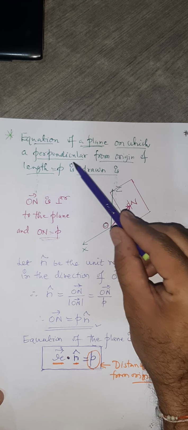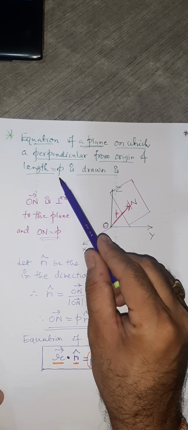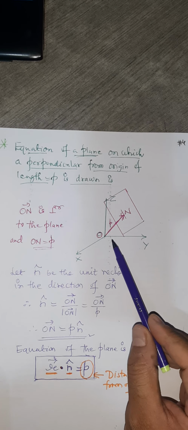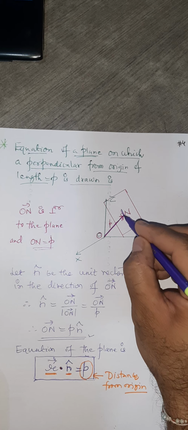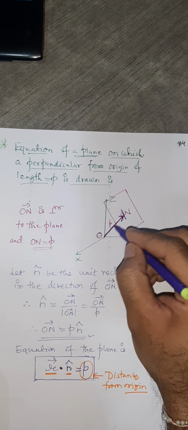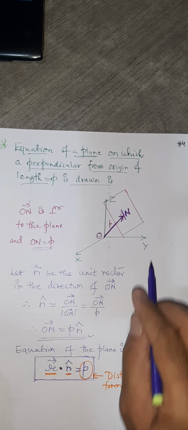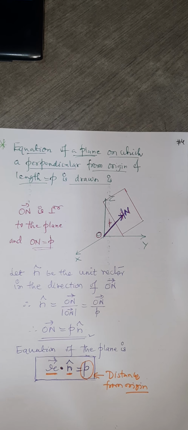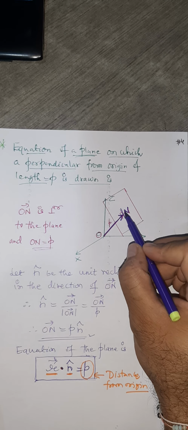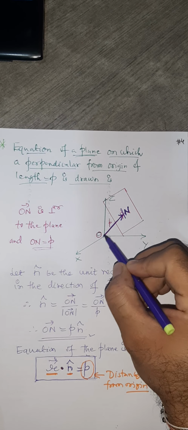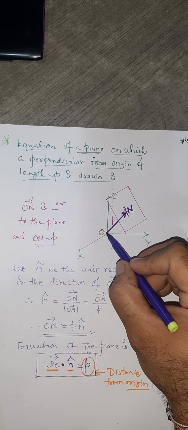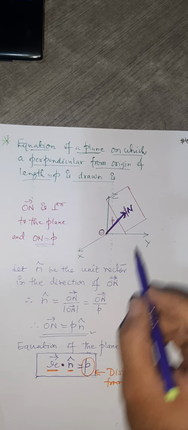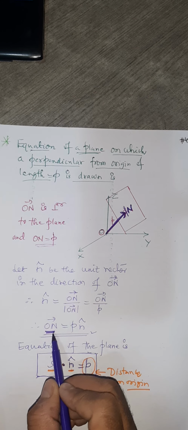Equation of the plane on which the perpendicular from the origin is drawn having length p. That is this diagram. Now what's the normal to the plane here, as I mentioned? That is this vector ON. And N is the foot of the perpendicular here. So this is the normal as I told you. And N is the foot of the perpendicular. So foot of the perpendicular means this vector ON. So we need this, remember.